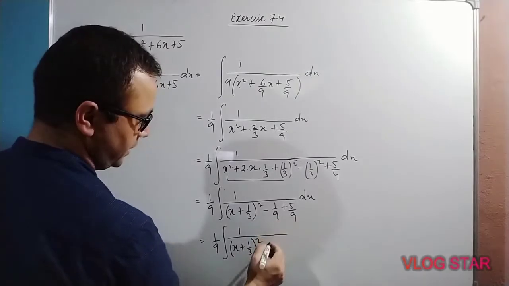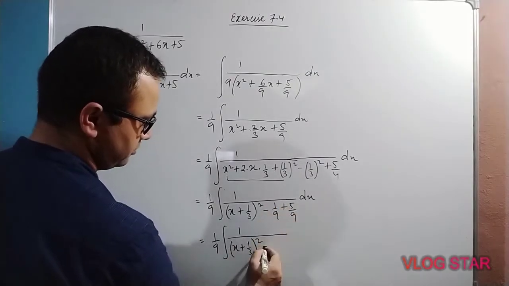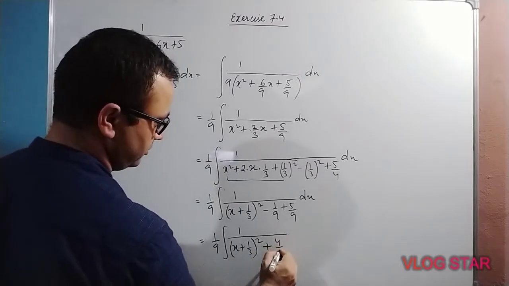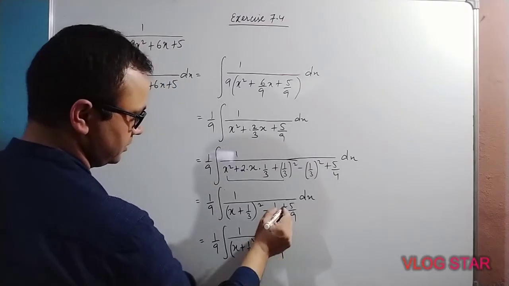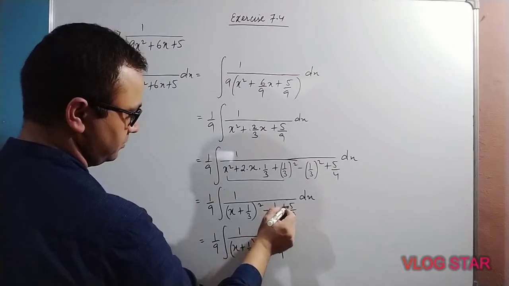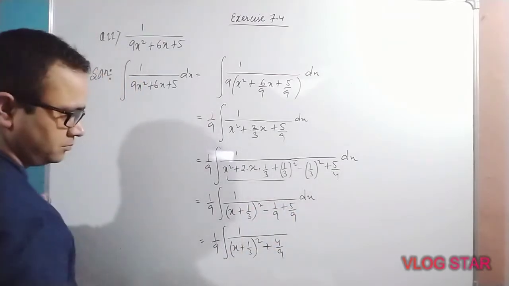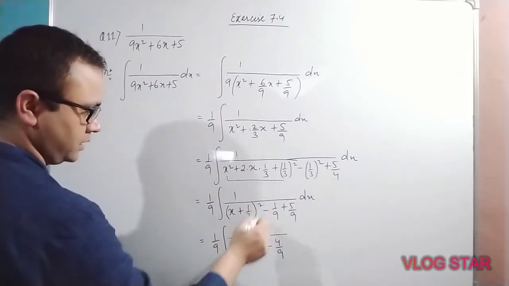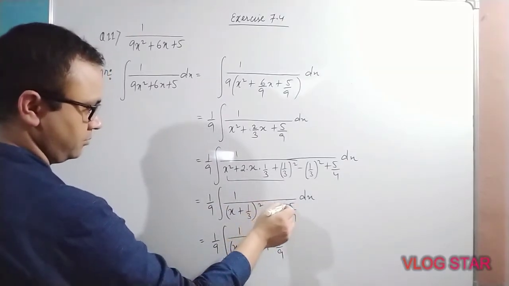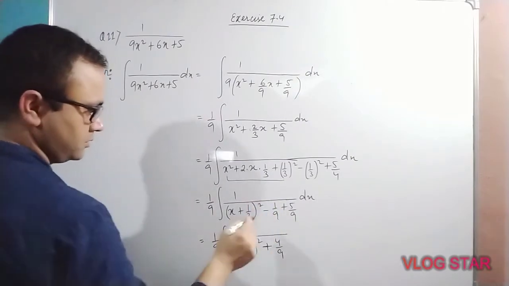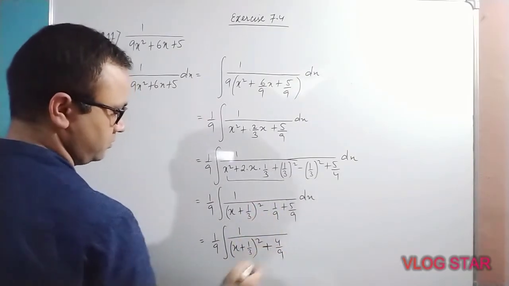Now 9 is the LCM, so 5 minus 1 is 4, plus 4 by 9. Why plus 4 by 9? Because before the bigger sign there is plus, and in this subtraction the bigger number is positive and the smaller number is negative, so that's why it is plus 4 by 9.